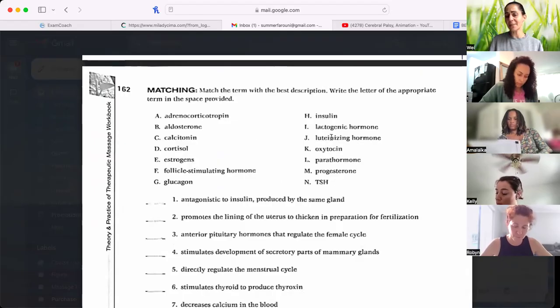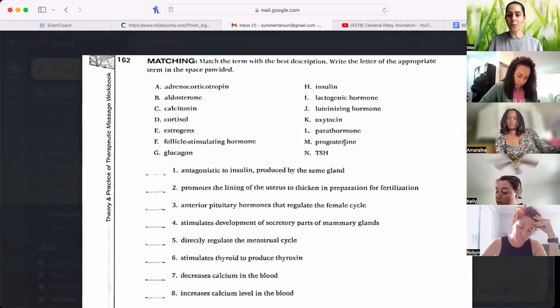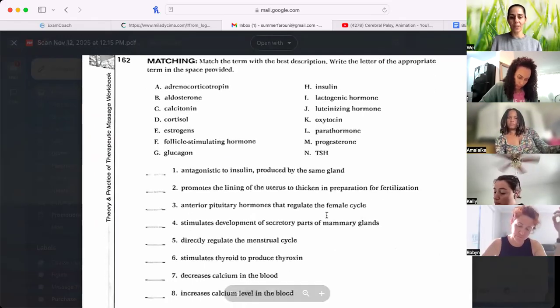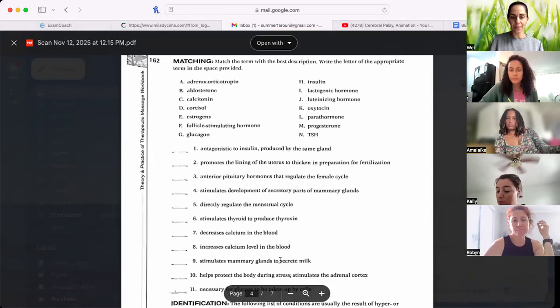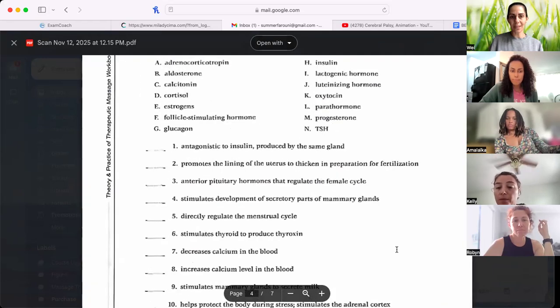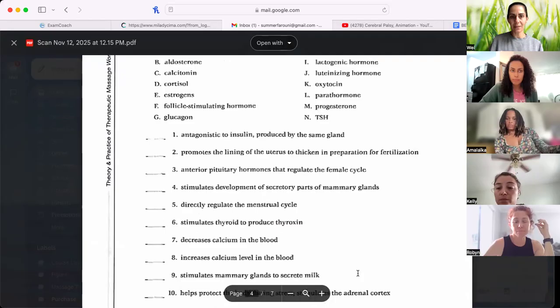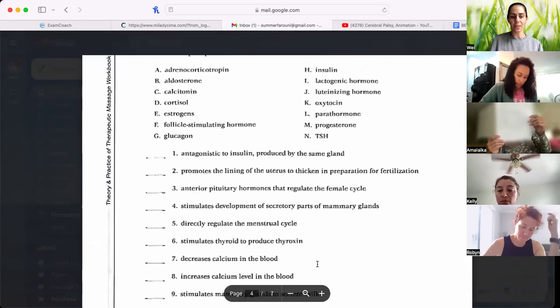I didn't talk about it, but it's in the graph. Oxytocin, parathyroid, progesterone, TSH. So we pretty much got most of them. Is this too small or is it all right? It's all right, because you have the book too.